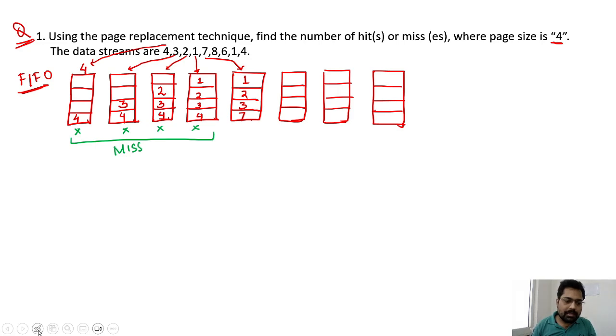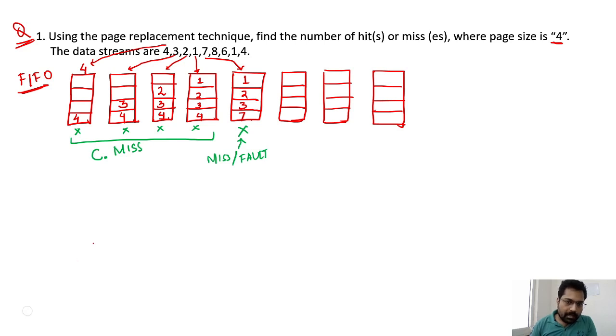So here we can say it's a miss, but this is a compulsory miss, or fault. Compulsory miss or fault, I must say, miss or fault. Clear? So fault or miss, we must say if the data is not available in the CPU.